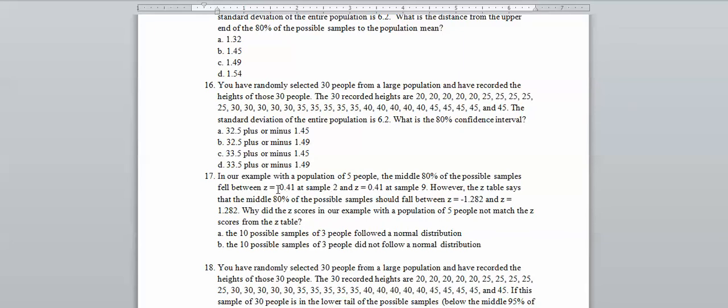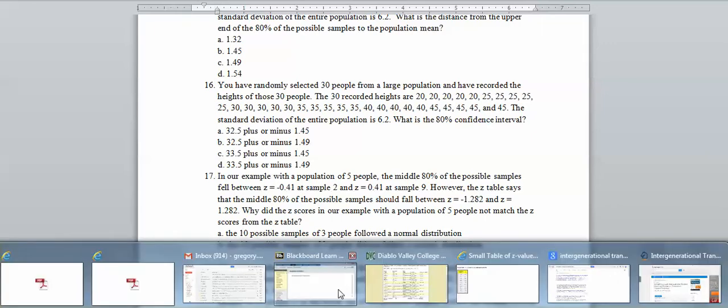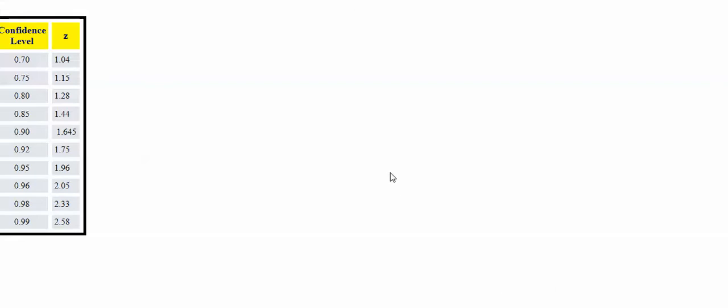Okay. What this question is getting at is, let's go to the table for 80%, which is 0.80. It says z is negative 1.28.